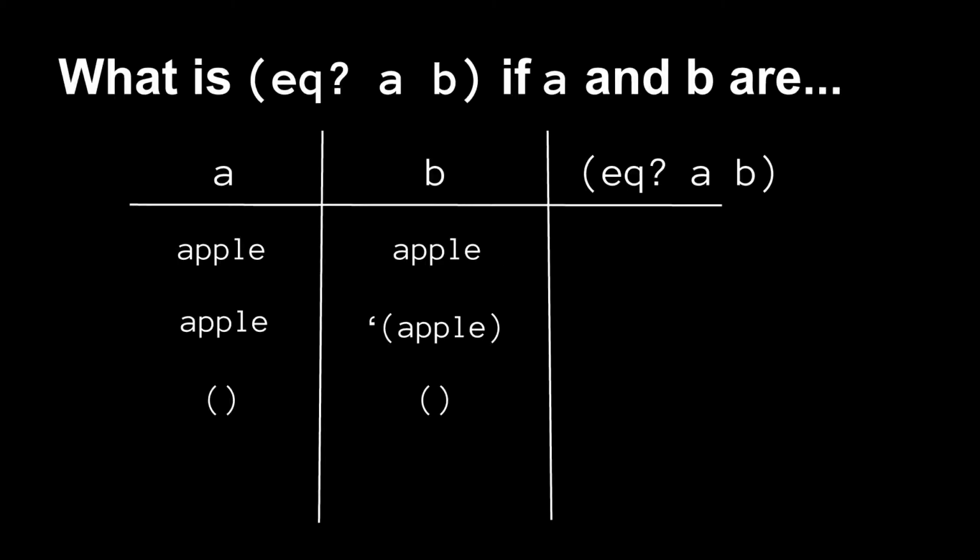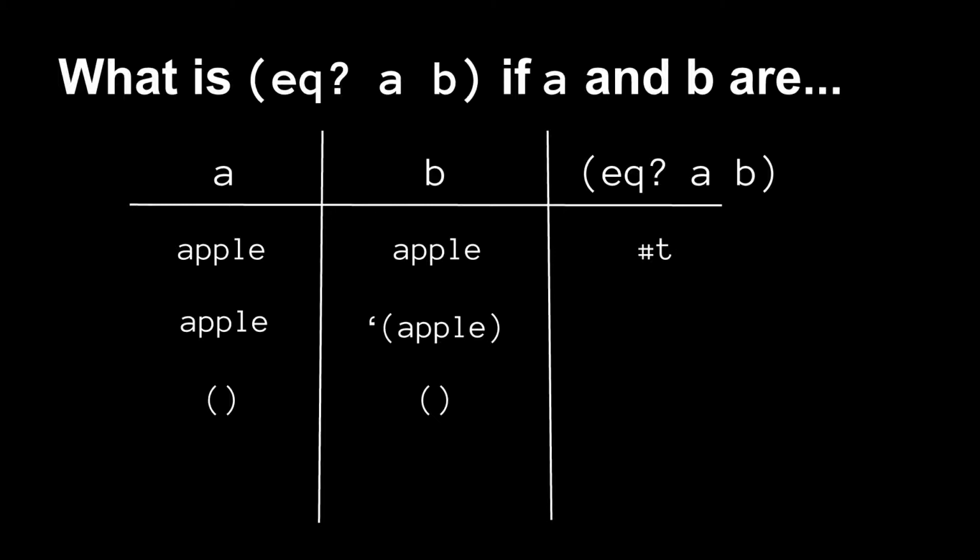So, now we're going to work with eq. When you ask the question eq of two elements, what is its result? So if A is the atom apple and B is the atom apple, then eq probably returns true.